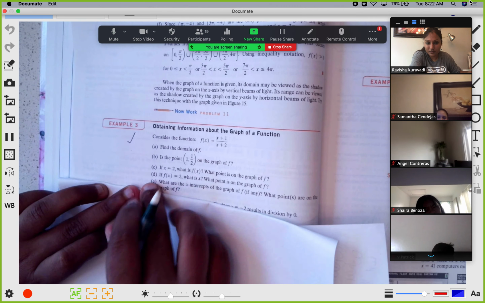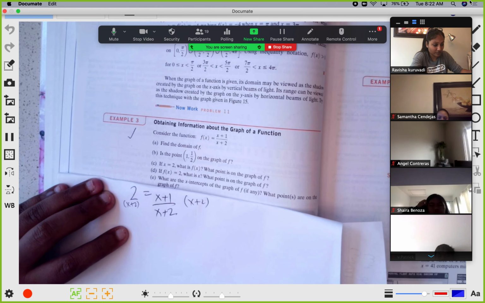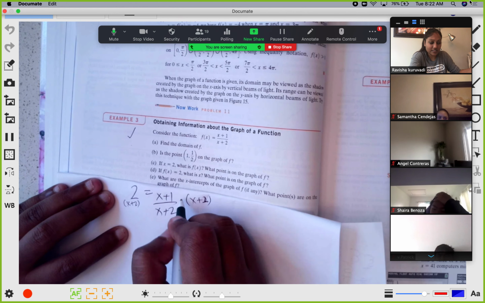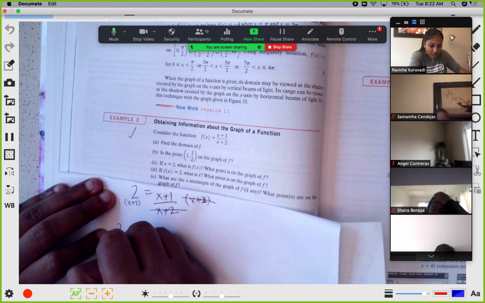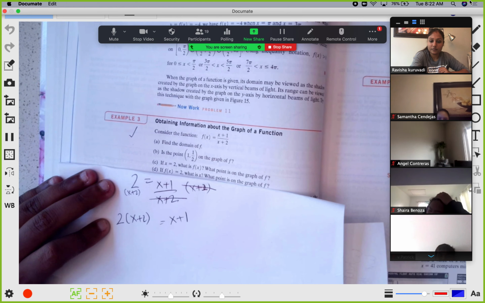So x plus 2 is dividing, right? So I multiply by x plus 2, so I can get rid of it from the denominator. So this and this gets cancelled. Here you are left with 2x plus 2 is equal to x plus 1. Then solve.